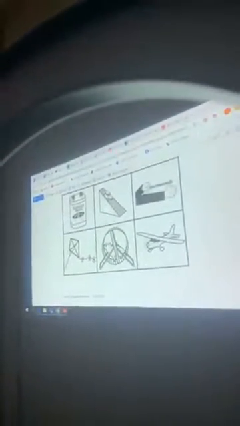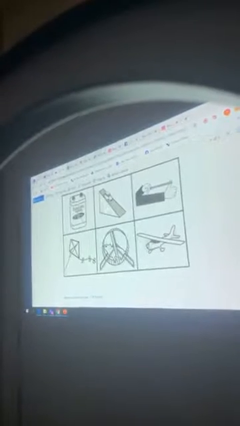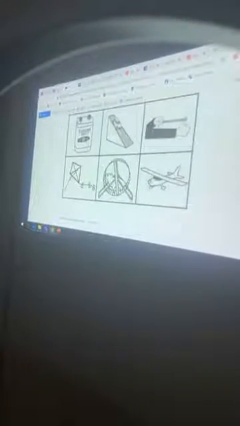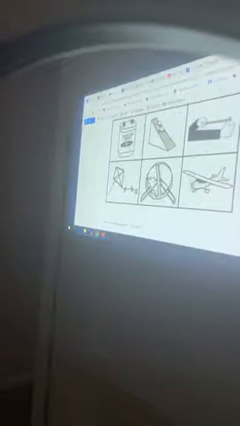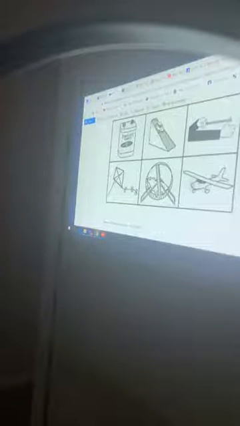Very good. Now, in order for the remote to work properly, what do we need? We actually need batteries. Thank you, Jewel and friends.